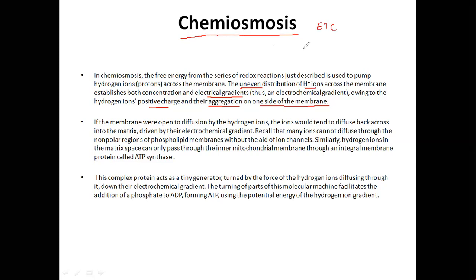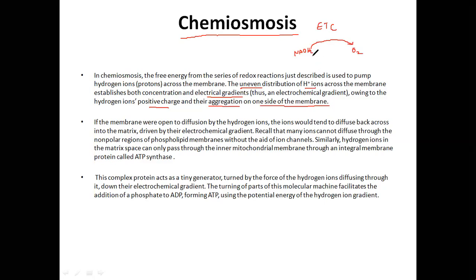You are aware that in the process of electron transportation, the electrons donated by NADH2 are received by the electron acceptor oxygen, with the involvement of a series of protein complexes embedded in the mitochondrial membrane, or in prokaryotes, the prokaryotic membrane.